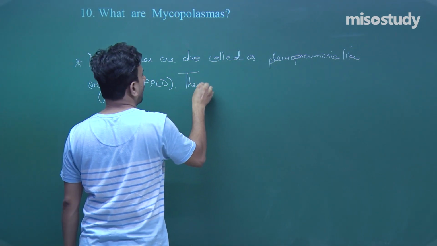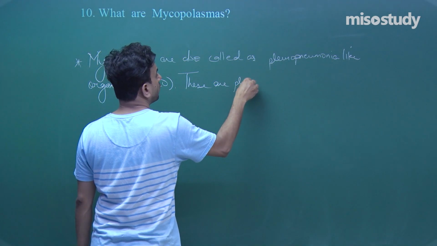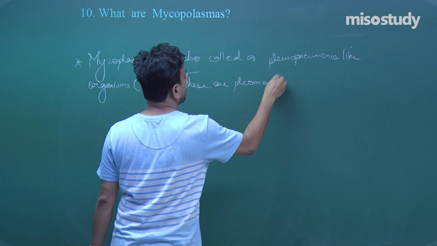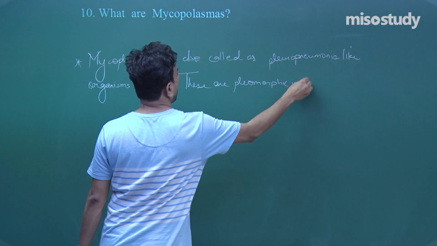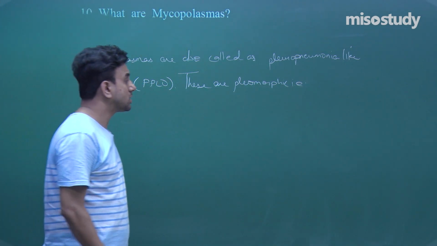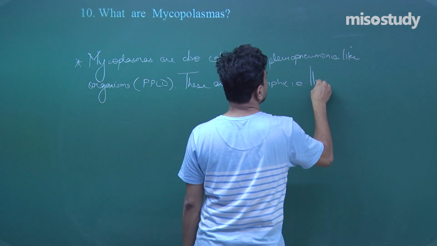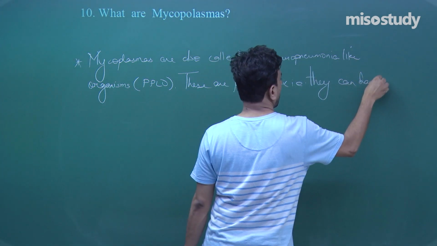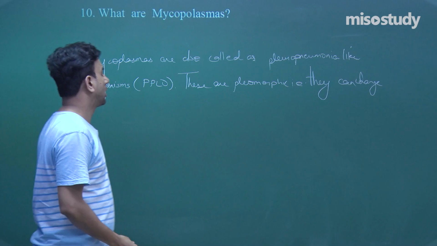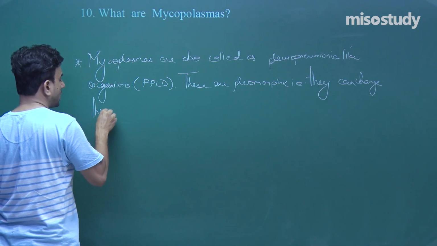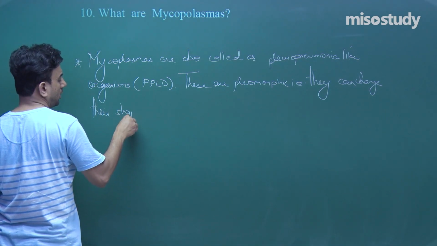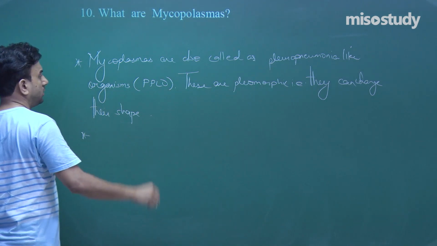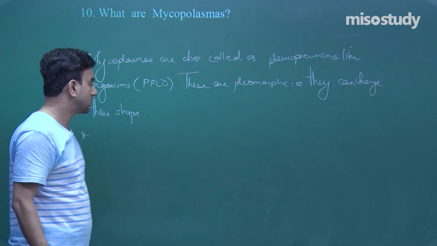These are pleomorphic, that is they can change their shape. These are prokaryotes, right?